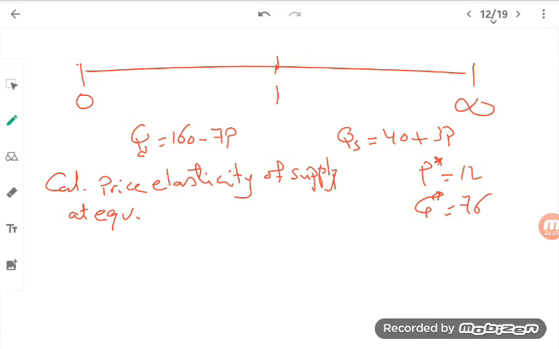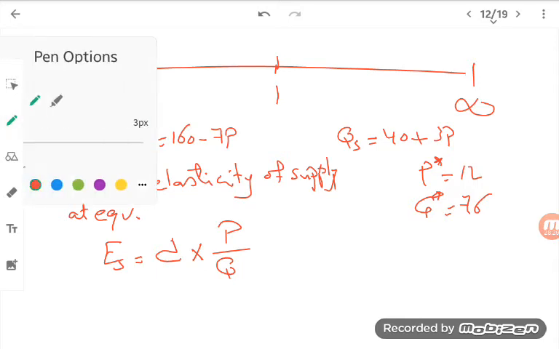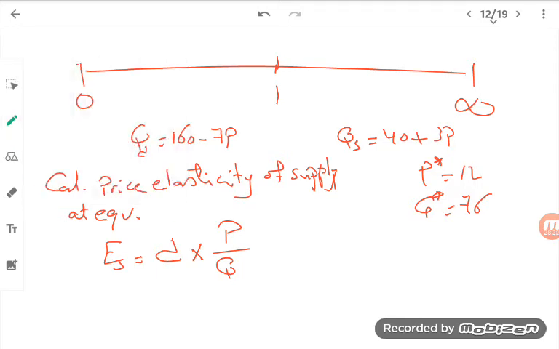So it's calculated as, it's a point, so D multiplied by P over Q. We are going to get the value of D from the supply function, which is 3, multiplied by 12 over 76.